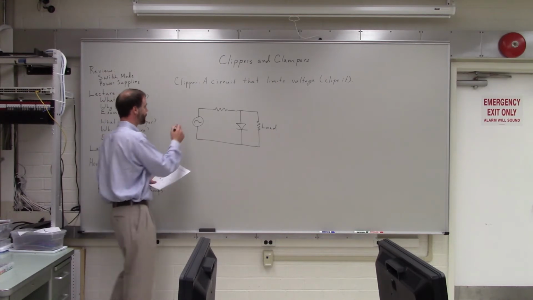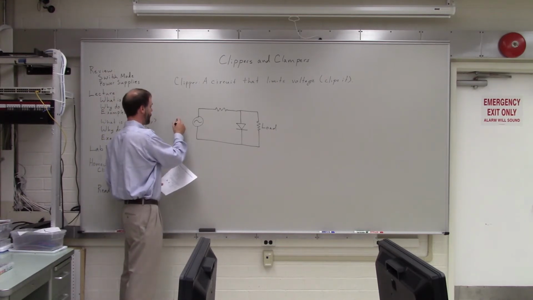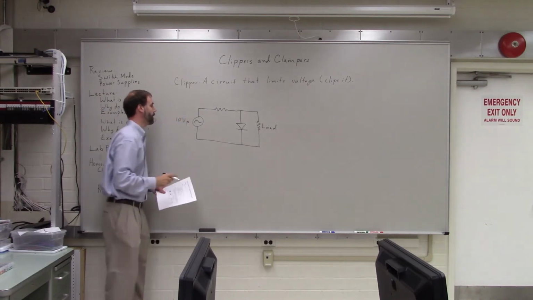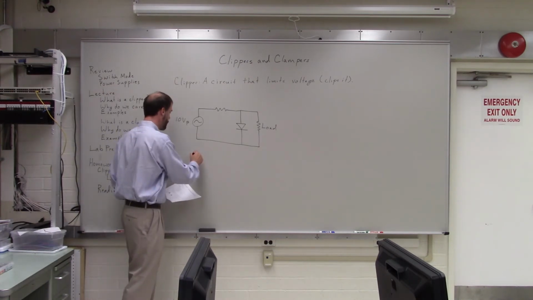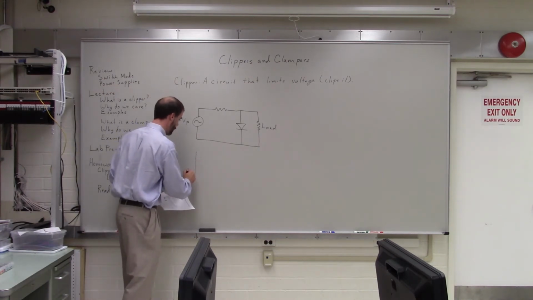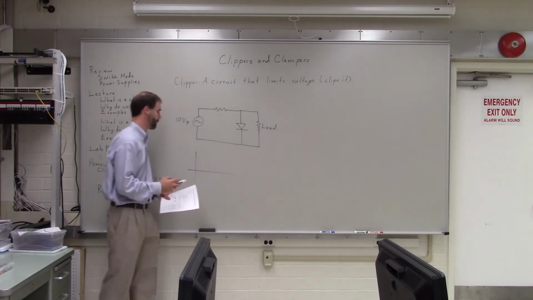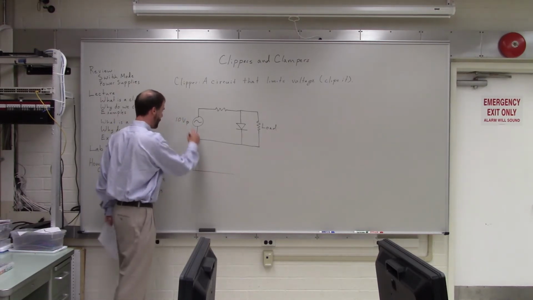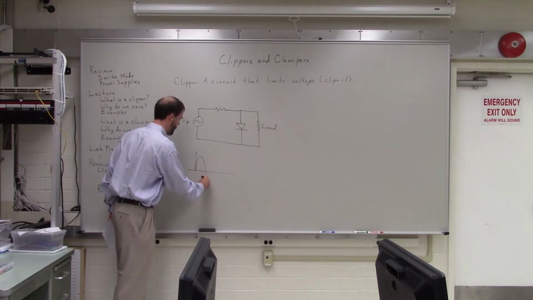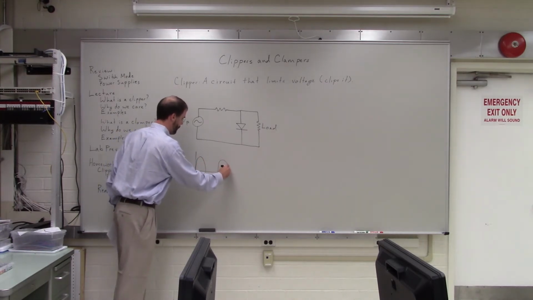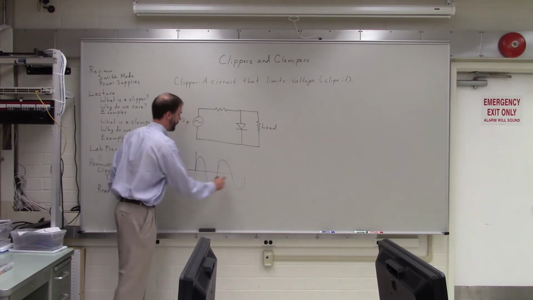Let's say that this was a signal that was 10 volts peak coming in. And let's look at the voltage across the load. So your incoming signal looks like this. It's a sine wave, like this.